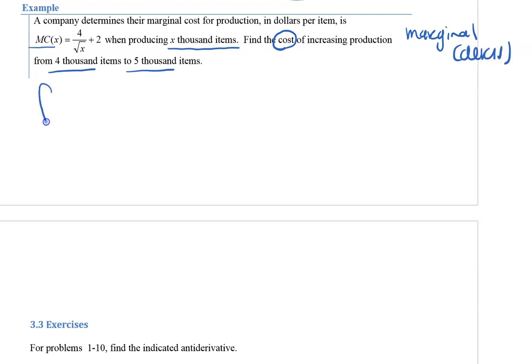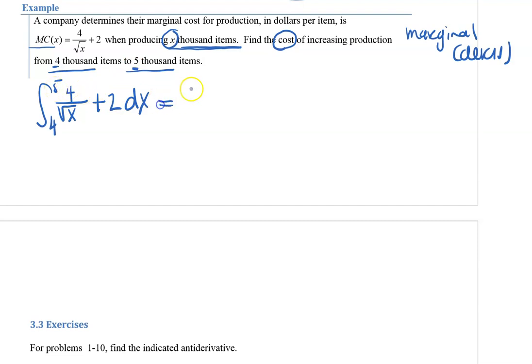So I am going to integrate my marginal cost function, 4 over the square root of x plus c dx, and I'm going to integrate it from 4 to 5, because it told me x was in 1,000 items, and so I'm only going to use the 4 and 5. I'm not going to do it out with 3 zeros behind it.